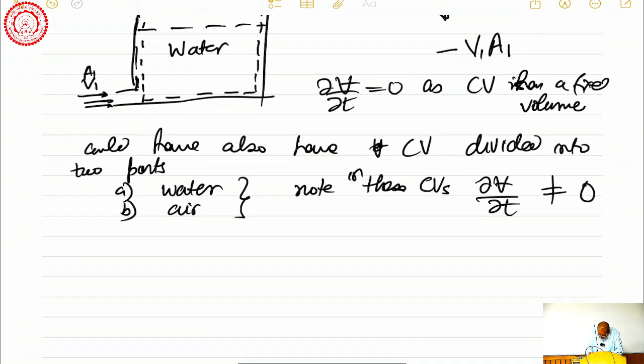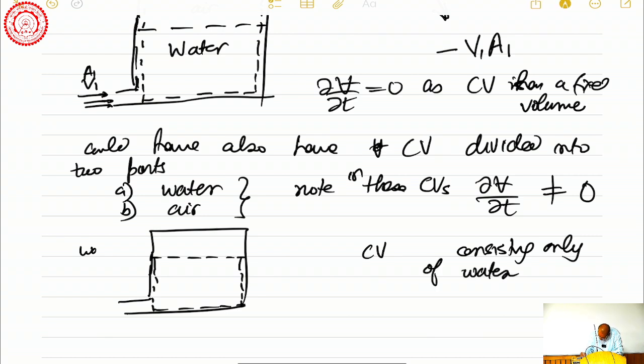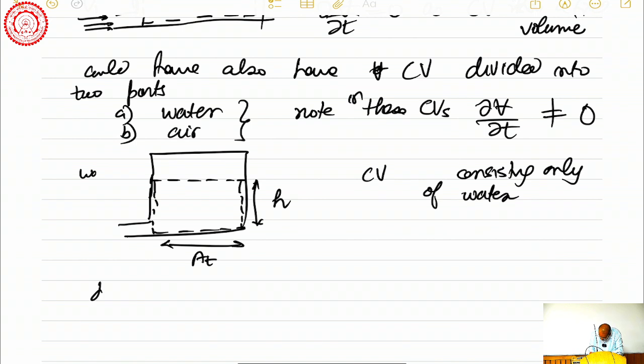So, for example, let's consider water. So we have this tank coming like this. CV consisting only of water. So let's say this is H, this is AT. So here dV by dt is equal to 0.